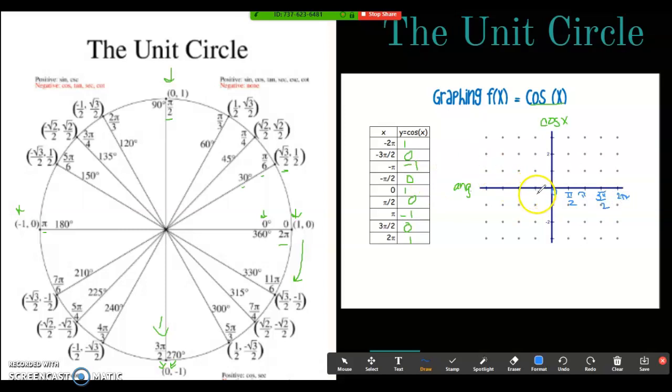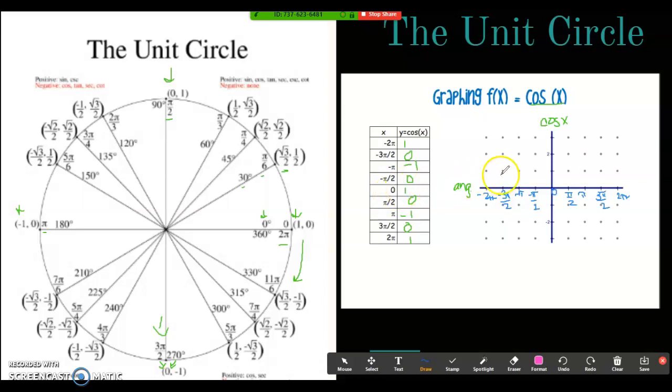Over here, I have negative pi over 2 on the left side. Negative pi. Negative 3 pi over 2. And negative 2 pi. And I'll go ahead and start plotting my points.